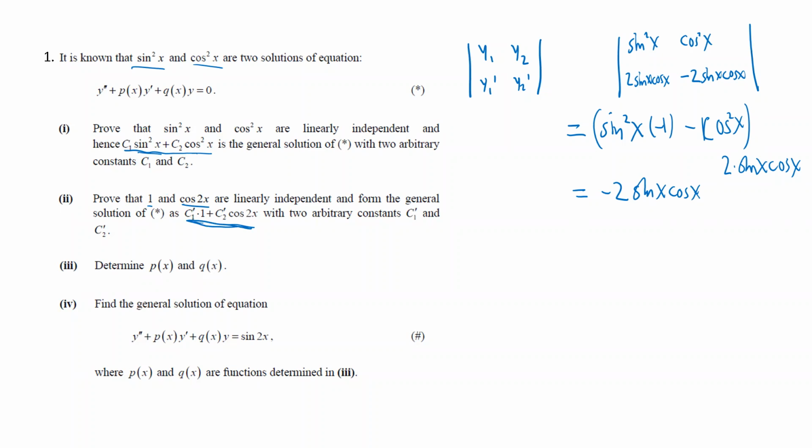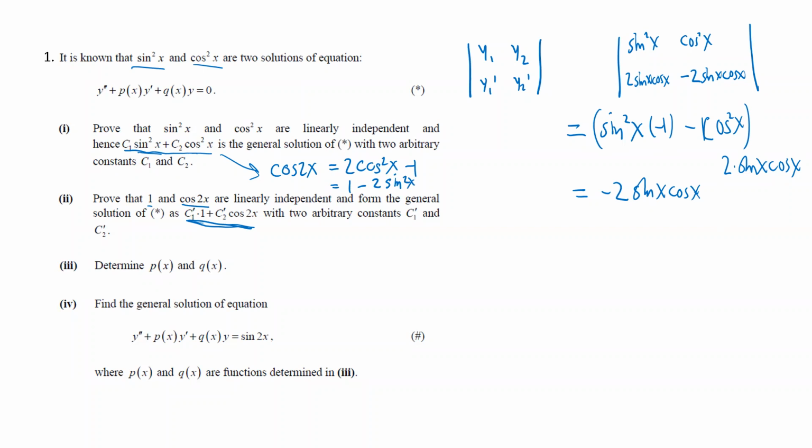Okay. So now you see that we have sine square x and cosine square x. How do I convert them into 1 and cosine 2x? You might still remember, this is a trigonometric formula that you need to use. Cosine 2x is actually equal to 2 cosine square x minus 1, or it is equal to 1 minus 2 sine square x.